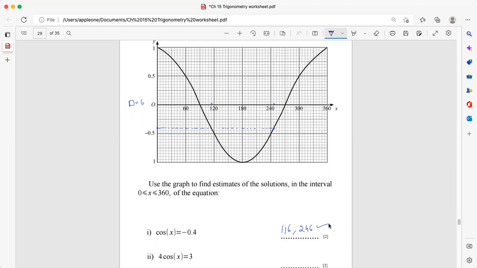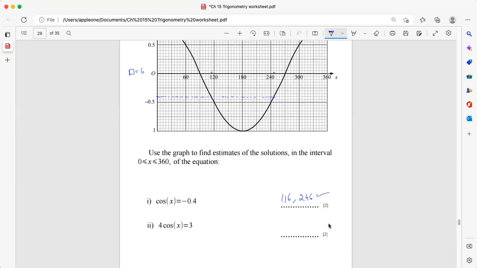It's giving me minus 0.43, an approximated value. It's almost near, so my answer is almost correct because they don't want the exact value. And cos 246, see the result, it's also about minus 0.4, so it's correct.